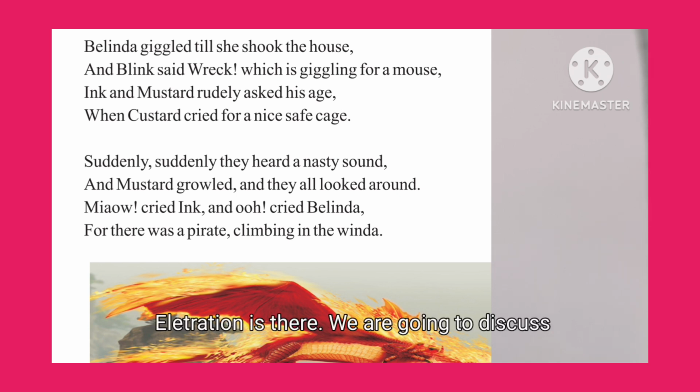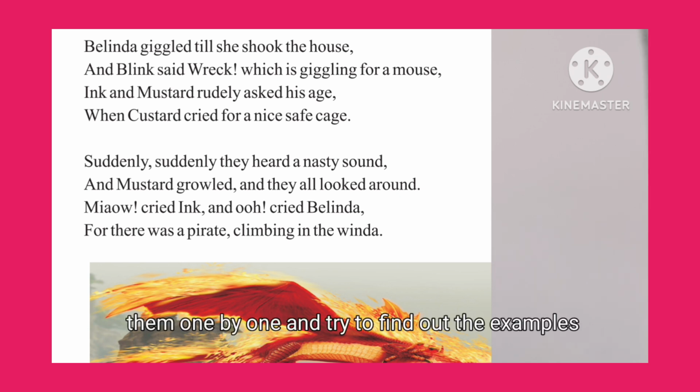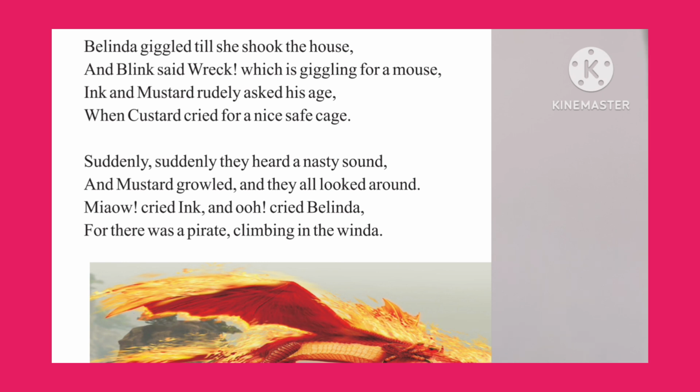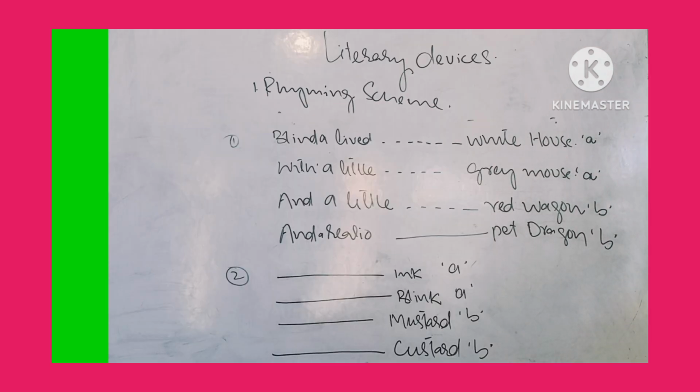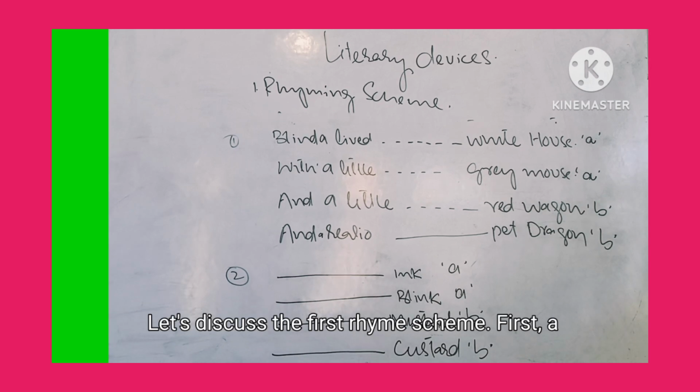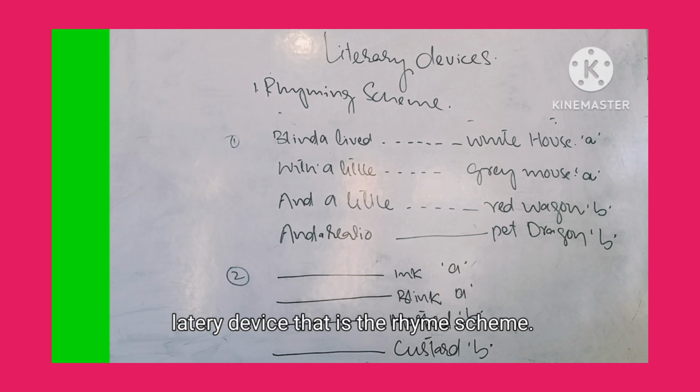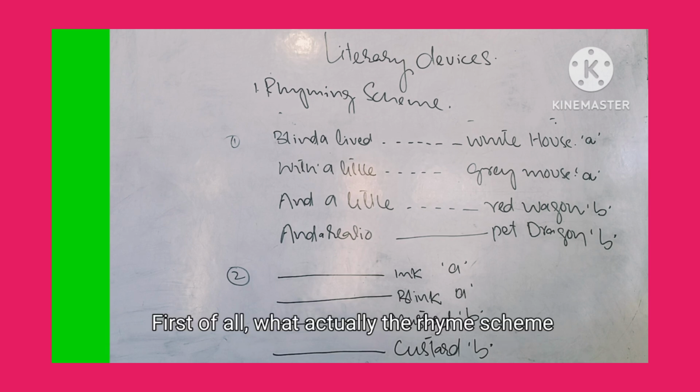We are going to discuss them one by one and try to find out the examples that have been given in the poem. Let's first discuss the first literary device, that's the rhyme scheme. First of all, what does rhyme scheme actually mean?